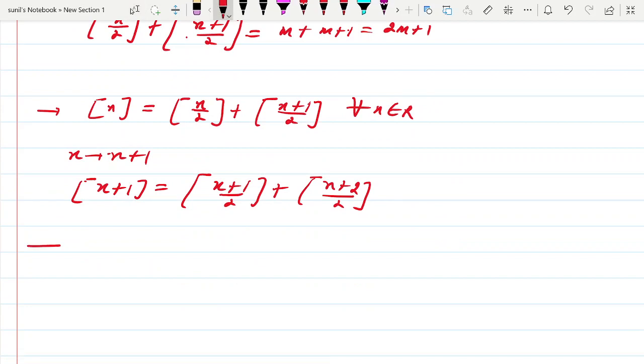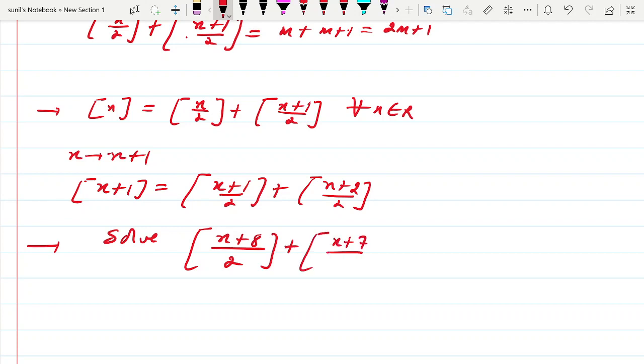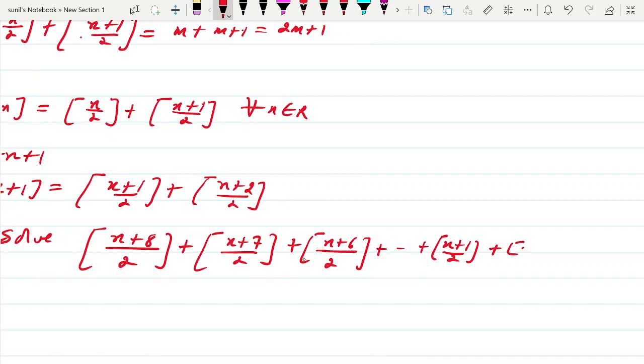Now we have the question. The question is, solve the equation bracket (x plus 8) upon 2 plus bracket (x plus 7) upon 2 plus bracket (x plus 6) upon 2, till bracket (x plus 1) upon 2 plus bracket x upon 2 is equal to 21.